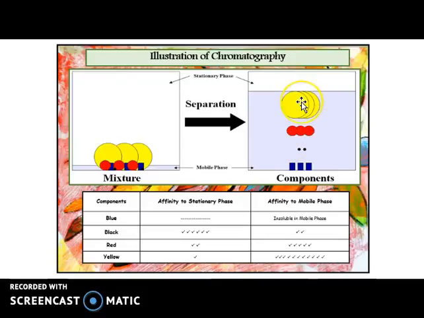For example, this yellow component moves the same distance as the mobile phase, therefore it prefers the mobile phase compared to the blue components. So I hope this lecture can help you understand chromatography better.